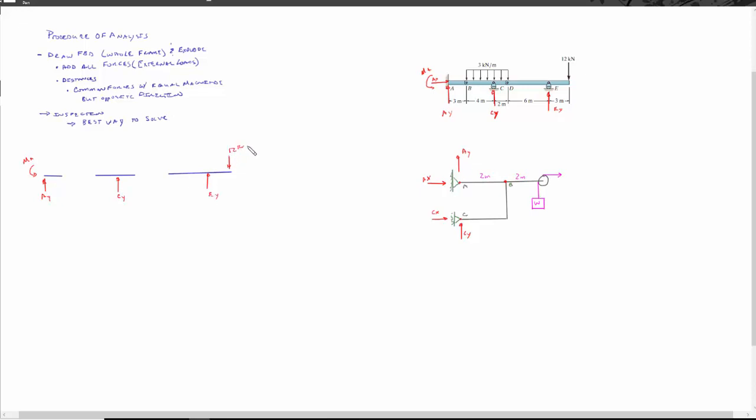12 kilonewtons. And then we have this force here, which was 3 kilonewtons per meter over 6 meters, which is going to be 6 times 3, which is 18 kilonewtons. And we know that this distance here, so it's important to put your distances, this distance here was 2 meters.